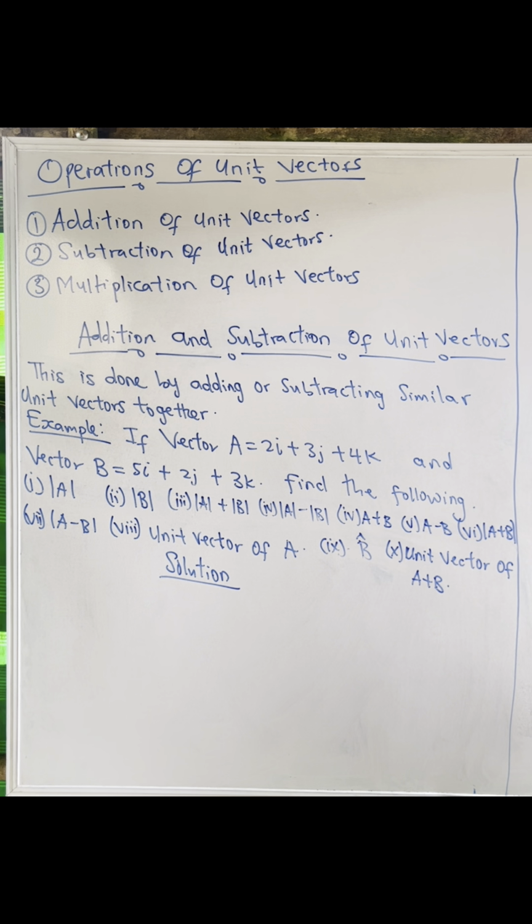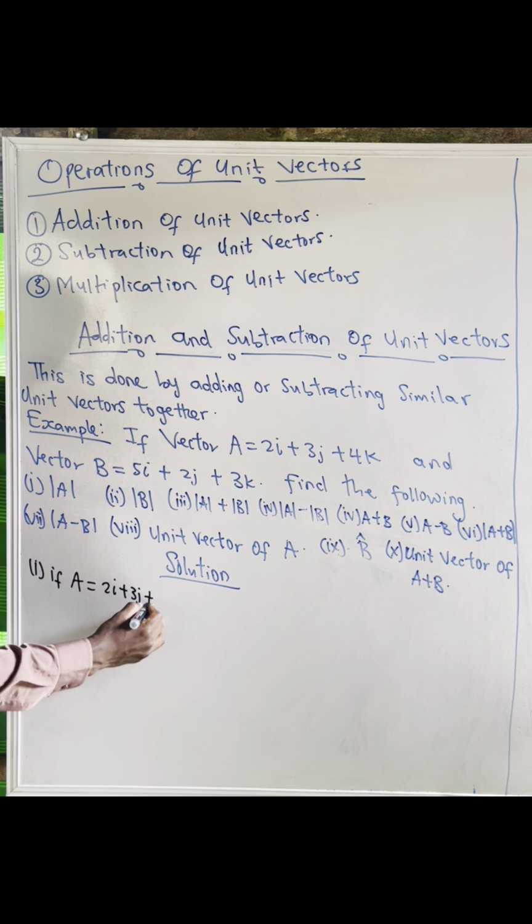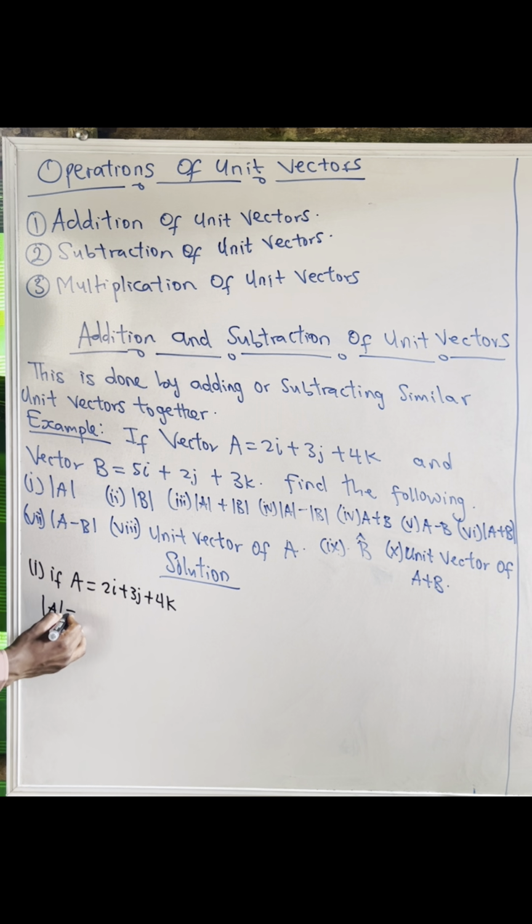Now, guys, number one, if vector A equals 2i plus 3j plus 4k, then the magnitude of vector A would equal square root. Whenever you're looking for the magnitude of vector A, you write a square root, then you add the square of each coefficient of i, j, and k.